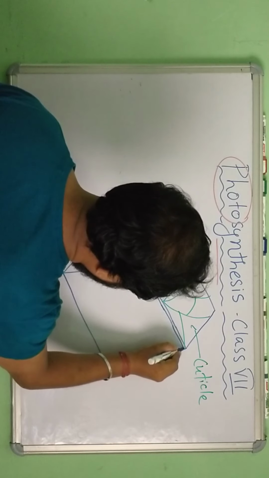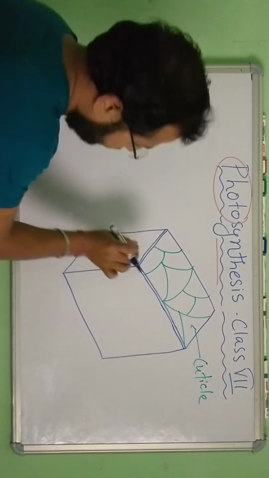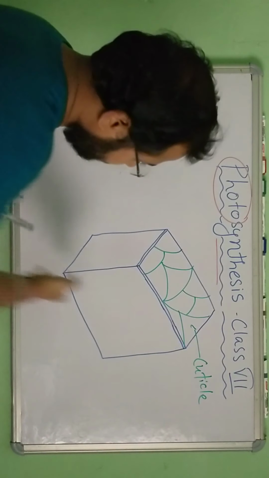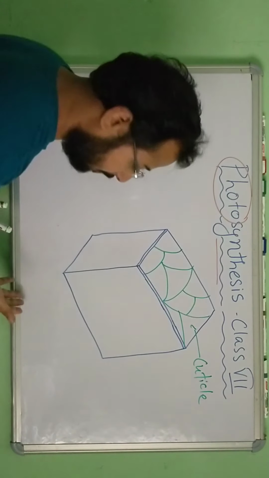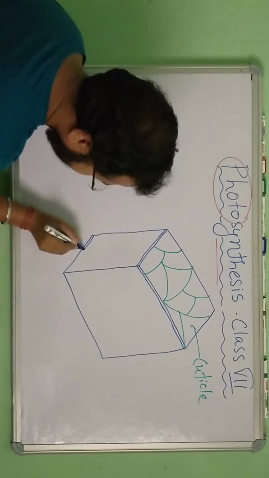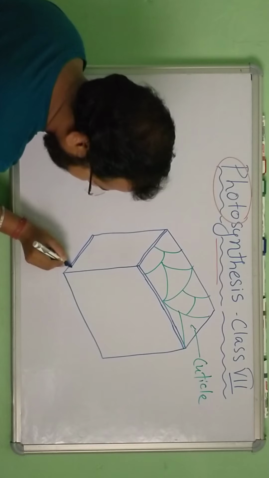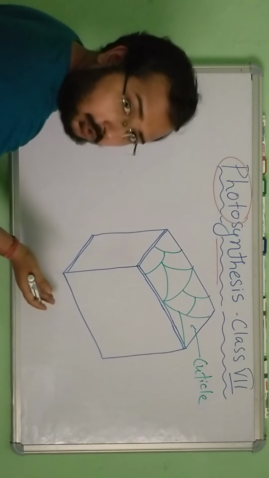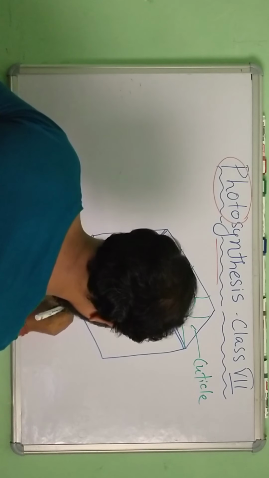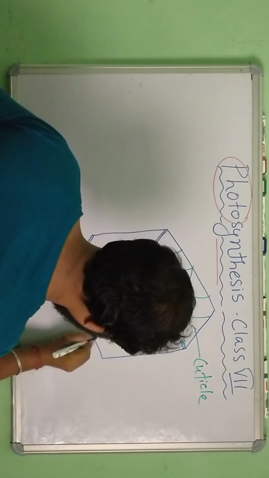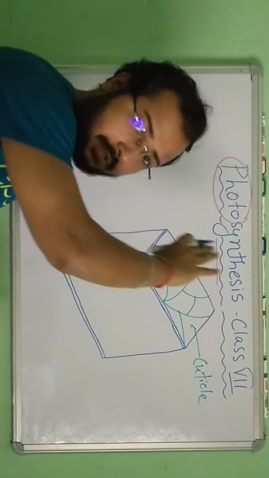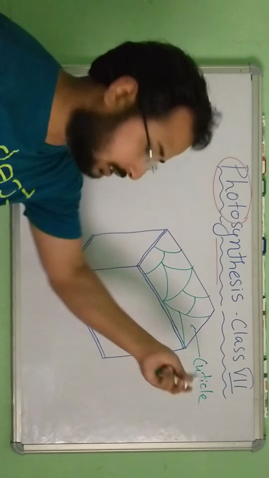So this is the thin layer on the outer surface of the upper part and the lower part both. Here also, at the lower part, obviously it is not possible to show the cuticle, so I am just drawing the layer from this side. Understood? So on both the sides, upper surface and lower surface, we see the cuticle layer.